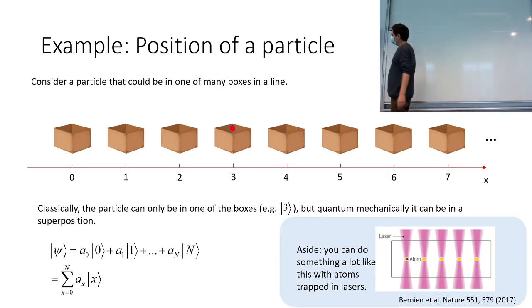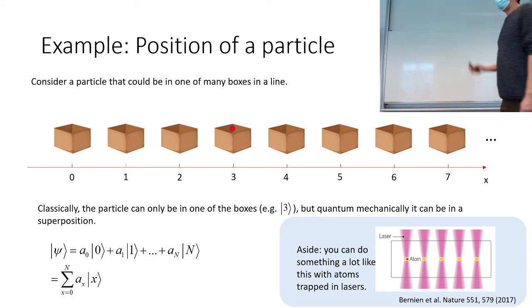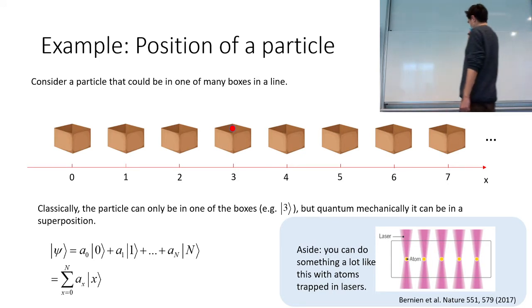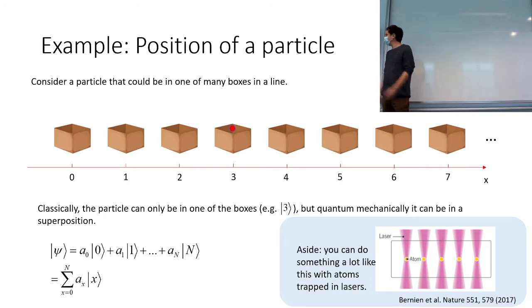And so, classically speaking, of course, it would be either in box 0 or box 1 or box 2 or so forth, right? But from what we've been talking about so far, quantum mechanically, it doesn't have to be only in 1 or only in 2 or only in 3.